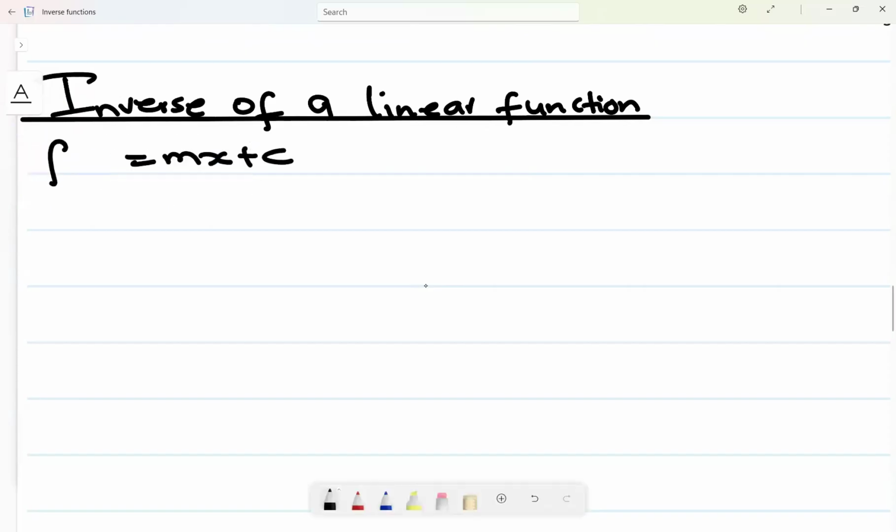F of x is equal to mx plus c or ax plus q, but I prefer us to use mx plus c that we are used to. So now let us apply how to find the equation and how to draw.